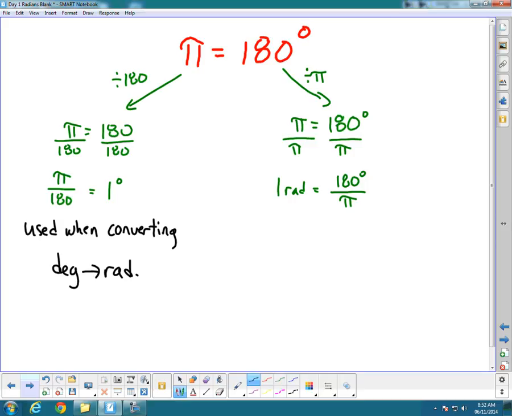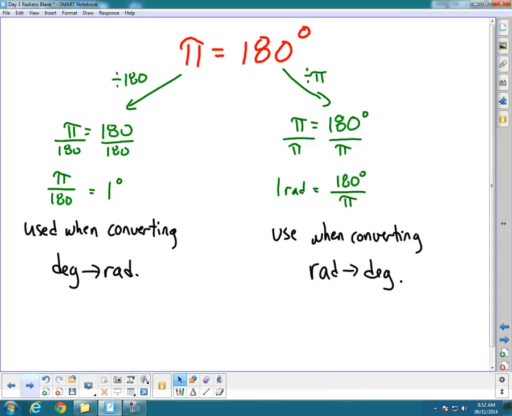We're going to use this when converting radians into degrees, and we'll do a couple examples in a second. If 1 radian is equal to 180 over pi, then 2 radians would be 2 times 180 over pi, and 3 radians would be 3 times 180 over pi, and we would go from there.